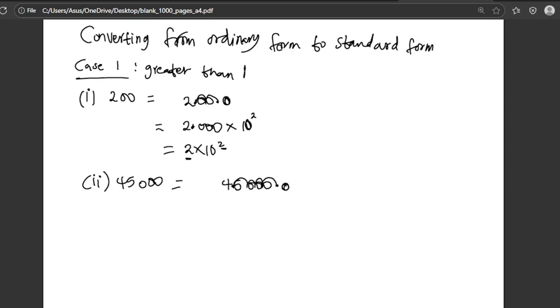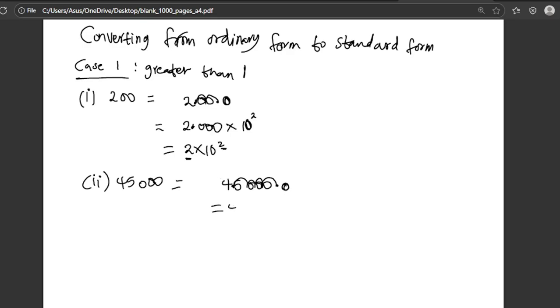Always stop before the last number you have there. You don't go beyond the last number you have there. You don't go and say 0.45. Okay? Stop before 4.